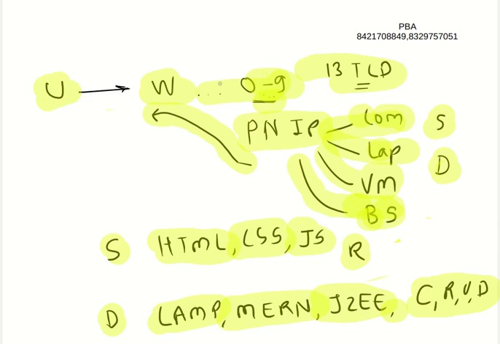Four scopes. Page scope, right? Request scope, session scope, and application scope. So in this diagram, we saw how the request response happens in a typical web application or a mobile application, right?